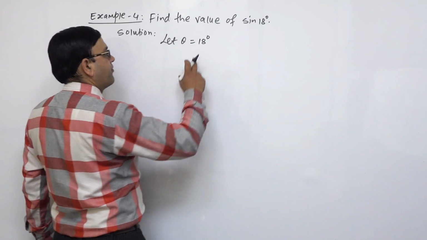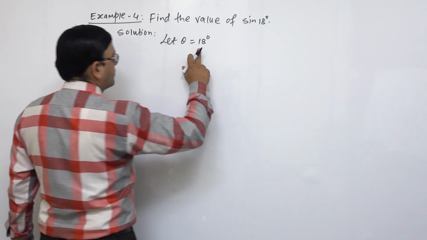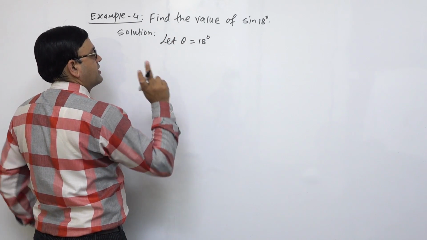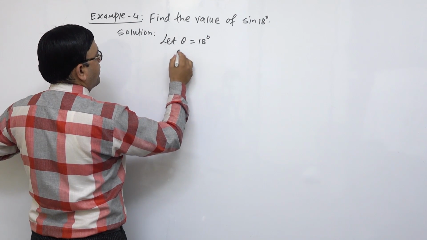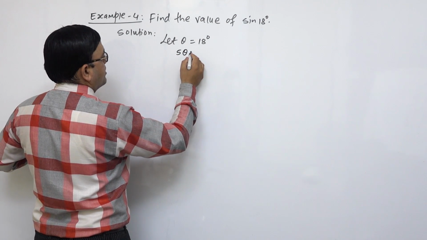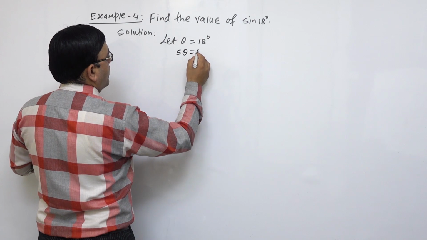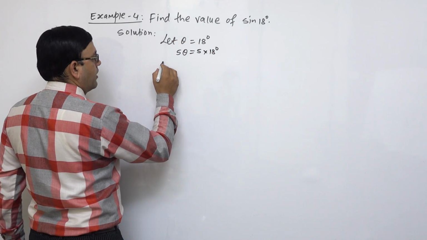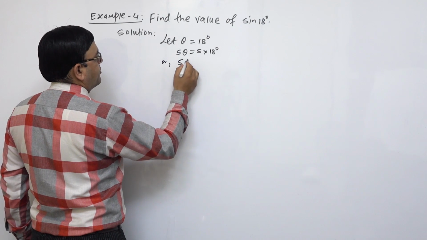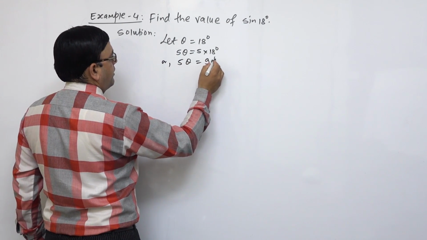And 18 times 5 is 90 degree, so 90 degree is a standard value. So we can multiply by 5 on both sides. So 5 theta is equal to 5 times 18 degree, that is 90 degree.